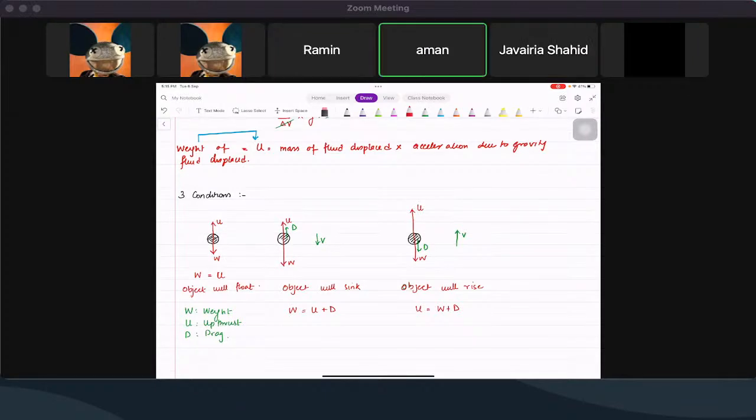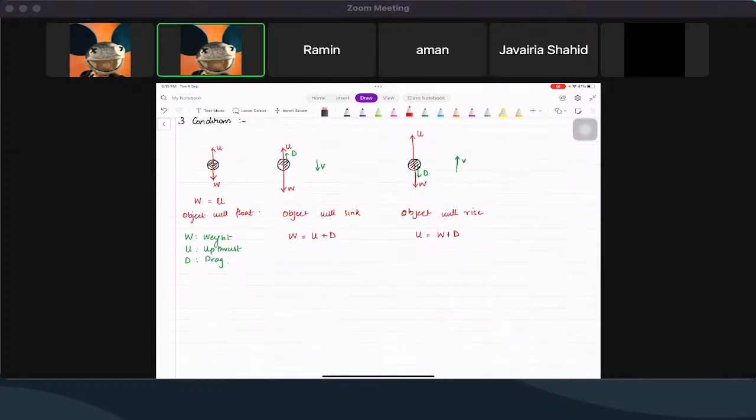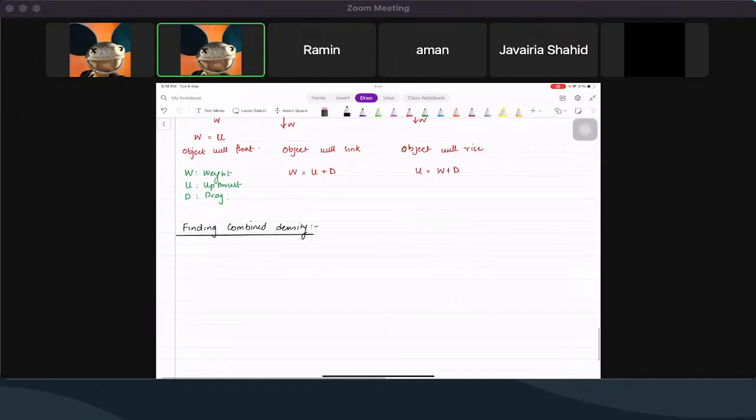Okay. Now, there's basically a way of finding the combined density. Suppose there are two objects that you combine.